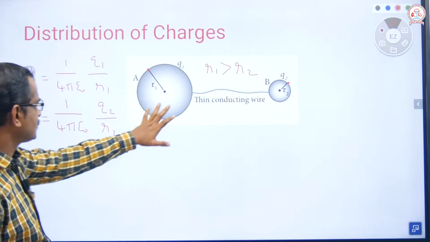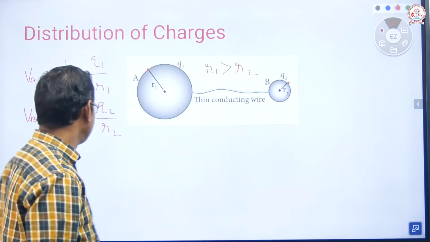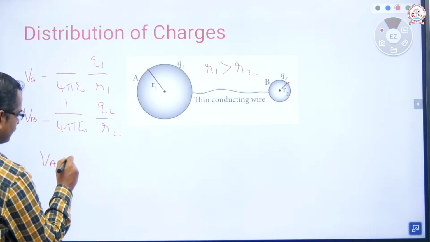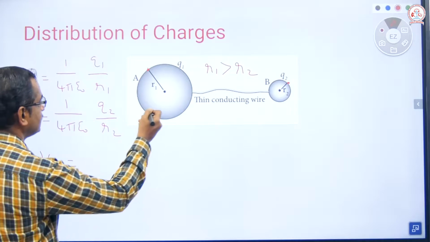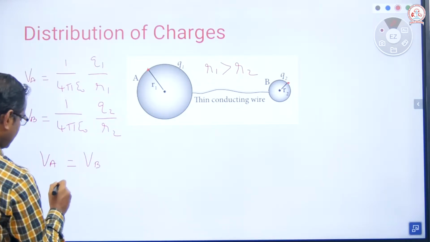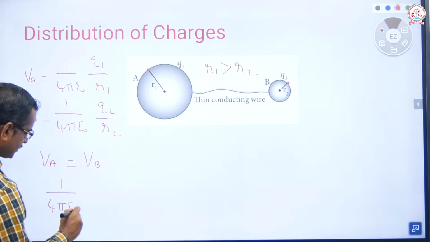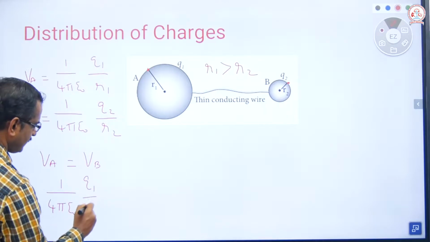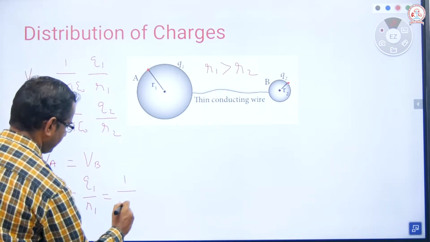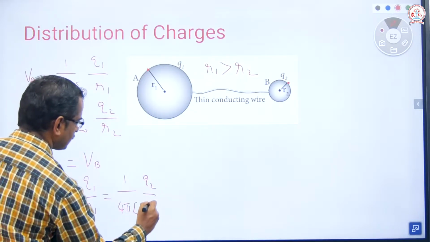Now, as these two are connected through a conducting wire, the potential will be the same. So we can write that V_A, the potential on the surface of sphere A, will be equal to the potential on the surface of B. So 1 divided by 4 pi epsilon naught, Q1 divided by R1, is equal to 1 divided by 4 pi epsilon naught, Q2 divided by R2.